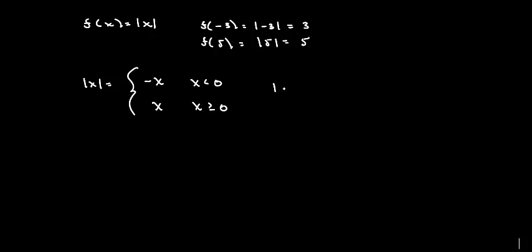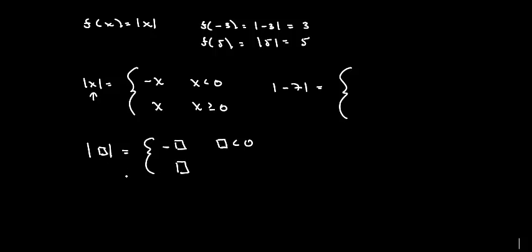Remember, x is just the guy in here. So this is saying the absolute value of something is equal to the negative of that something if that something is less than 0, and it's equal to just that something inside there if that something is greater than or equal to 0.